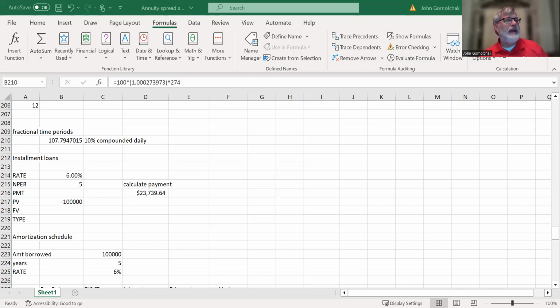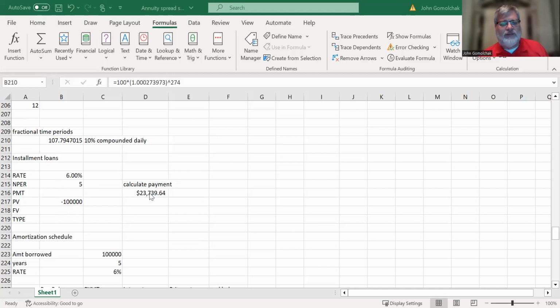All right, so looking back at the fact situation that they gave us, the rate is 6%, periods 5 years. Payment is what we're trying to calculate, and the present value is $100,000. I put it in as a negative number.